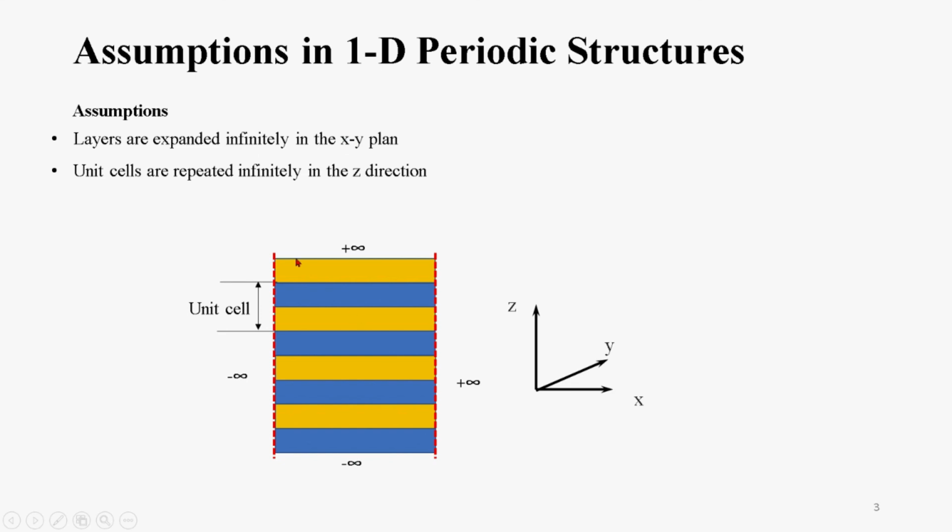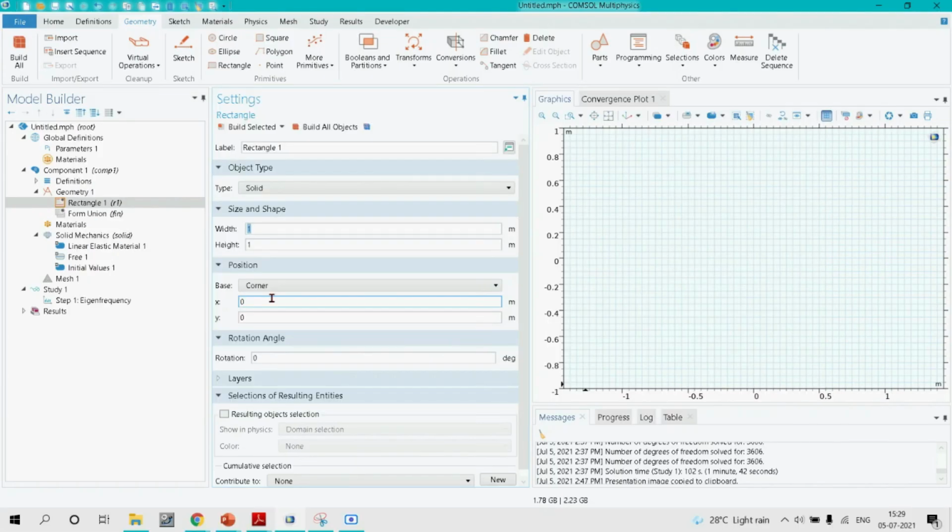So we need to apply a continuity periodic condition in the x direction, and in the z direction we will be applying a Bloch-Floquet periodic condition. So what I was saying is that the width of the periodic unit cell will be of no significance, because we will be applying the continuity conditions in the x direction.